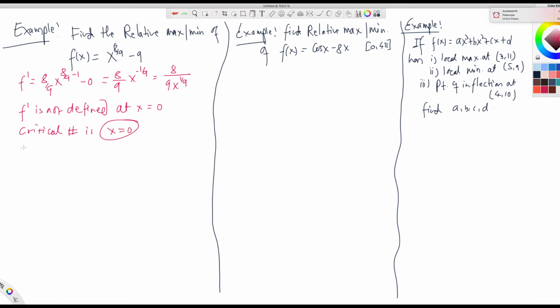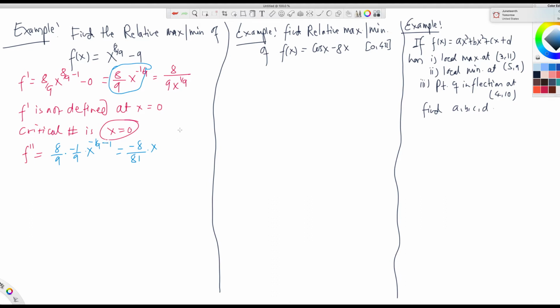Now let's find out the second derivative. To find the second derivative, you can pick this step, because it is in the x to the n form. So it will be 8 over 9 times negative 1/9 times x to the negative 1/9 plus 1, right? So if you do that, what do you get? Negative 8 over 81 times x to the, oh, by the way, this is minus 1, not plus 1.